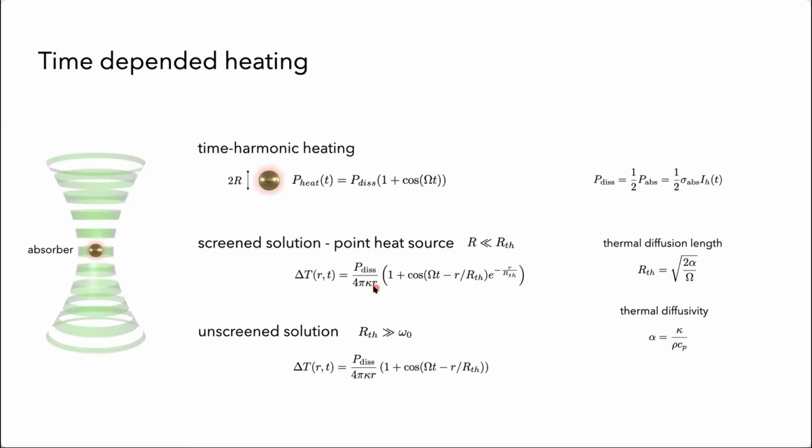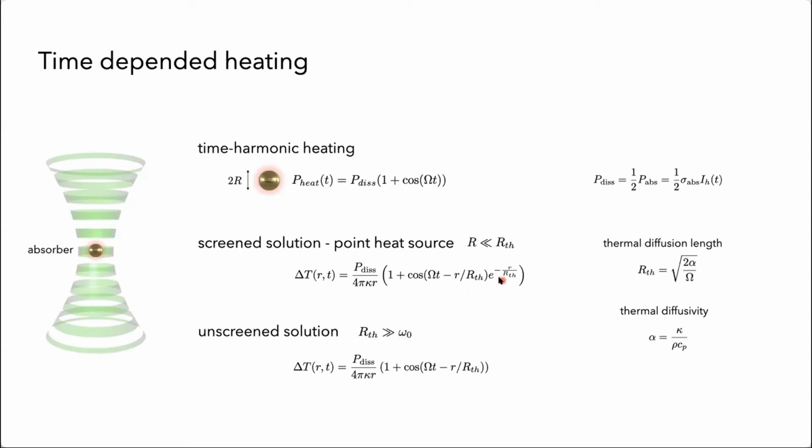So it scales with 1 over the distance here, which would be the stationary solution of your heat conduction problem. But due to the modulation, you get this kind of additional term inside, where this very much looks like a wave, but of course there's no temperature wave. And so this is a kind of distance-dependent phase shift of your modulation, if you want to speak like that.